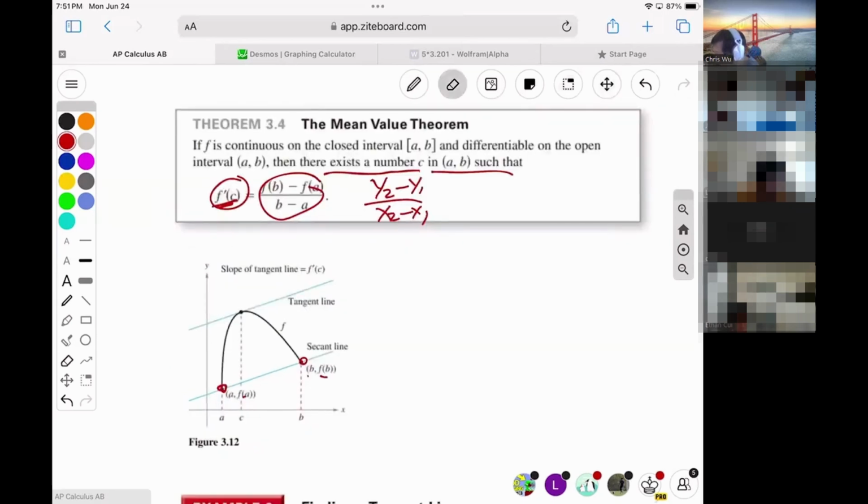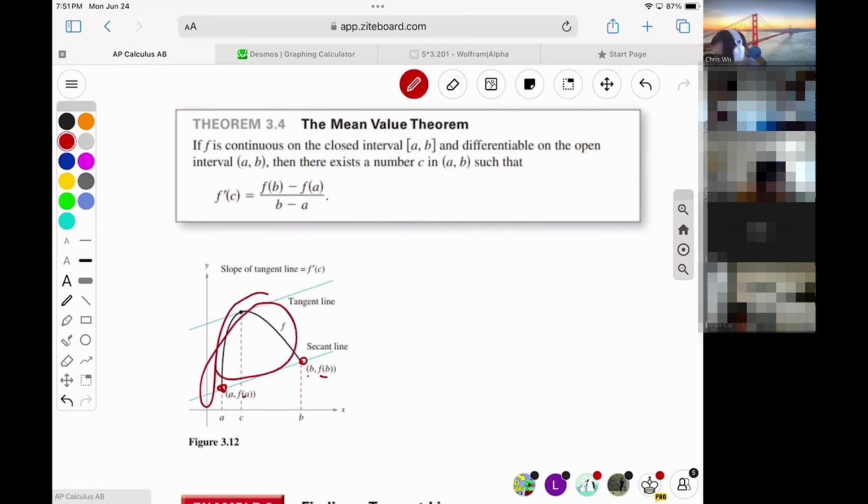So what the mean value theorem states in effect is that if the function is continuous and differentiable, you must have a tangent line in between those two endpoints that has the same slope as the secant line. And what does the secant line slope mean? Secant line slope is the average rate of change. So somewhere in your journey, you will have the average value.